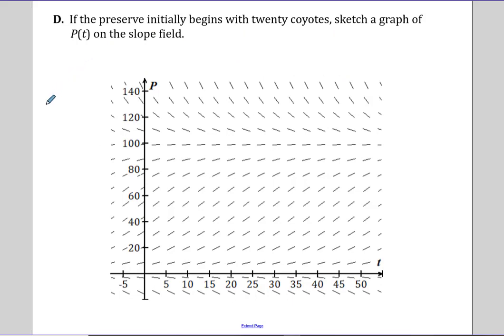And if the preserve initially begins with 20 coyotes, we want to sketch a graph of the population on the slope field. So just looking right here, if we started at 20, then we could make an estimate. We want to follow that slope field, something along those lines.